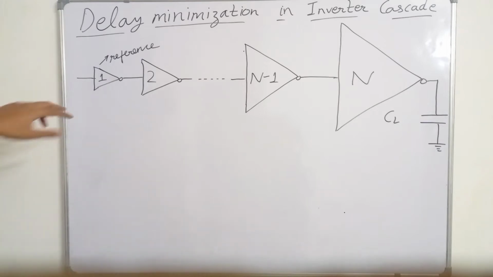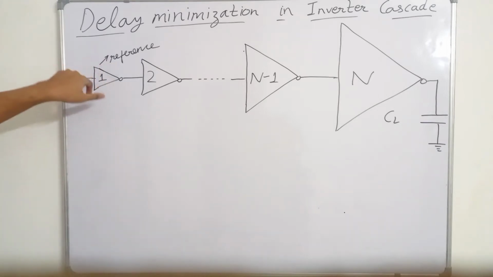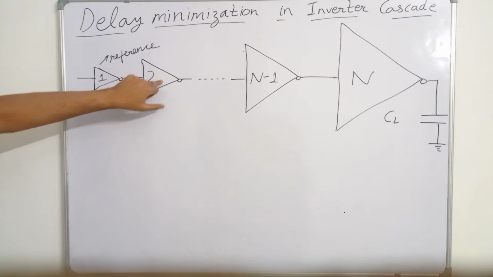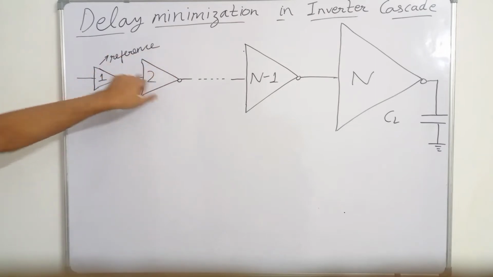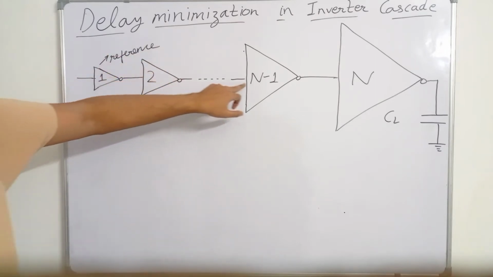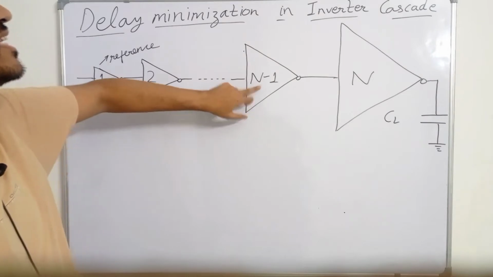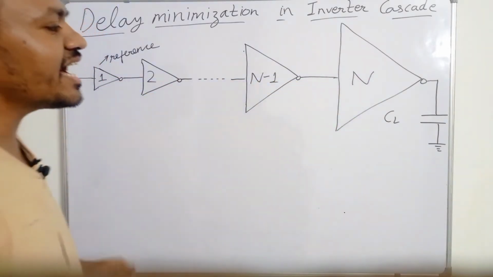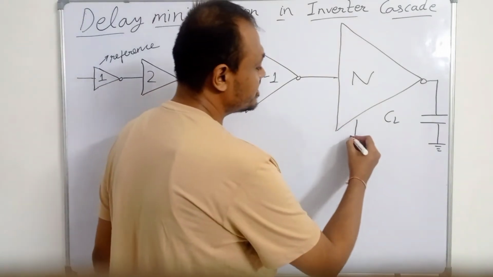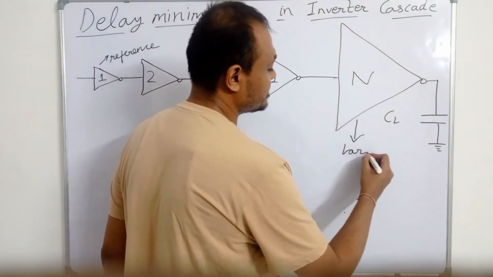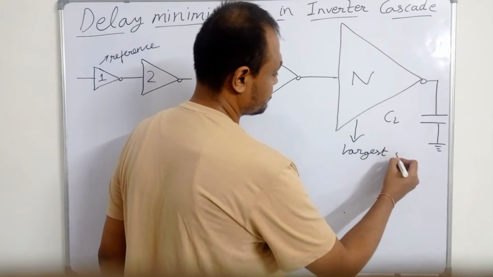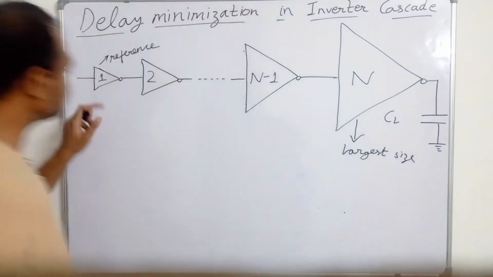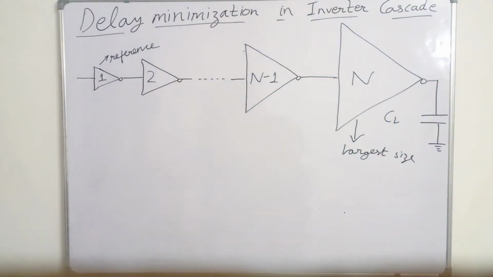The first inverter is the smallest in size, then the second inverter is bigger than the first, then the n minus 1 inverter is bigger than the n minus 2 inverter, and this last one is the largest inverter. The first inverter has the smallest size.